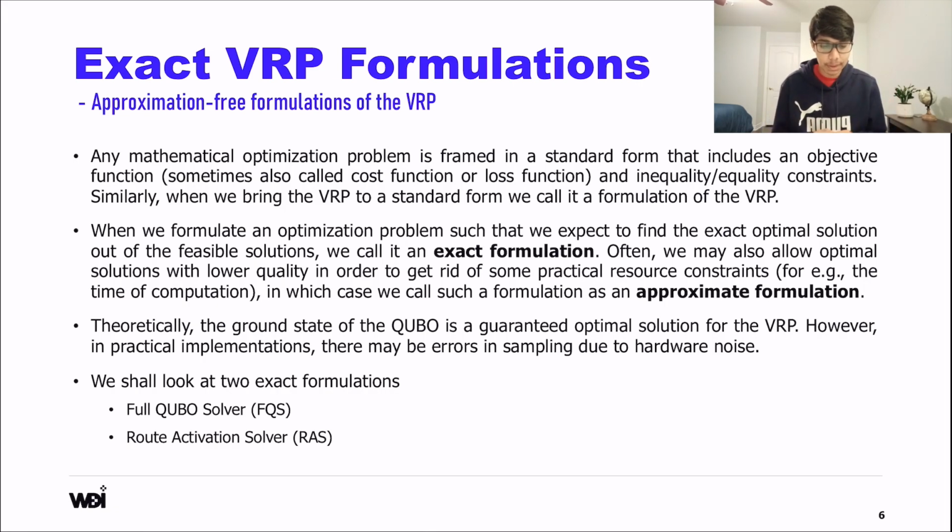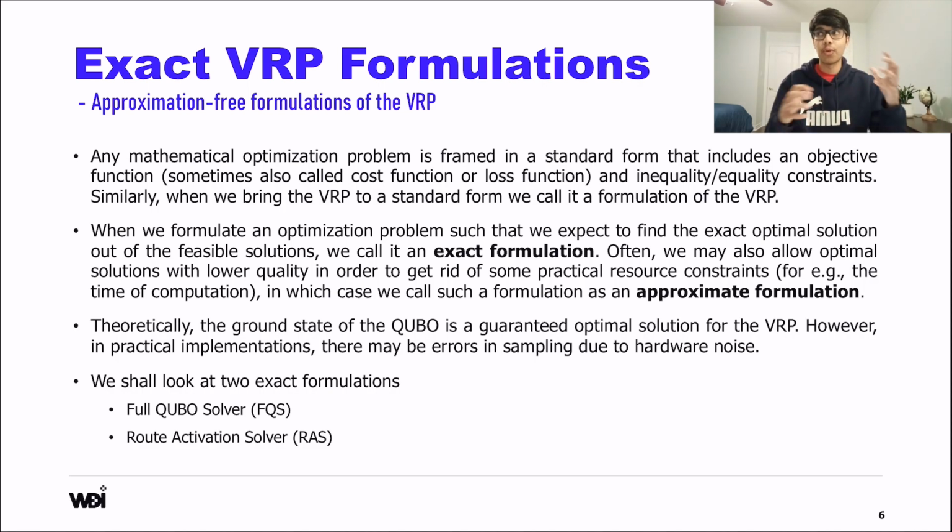So exact VRP formulations, basically we're representing our problem with a QUBO that's an objective function whose minimum is the one we want to find. And we also add these constraints on our variables to ensure we maintain the reality of the problem. If our optimization problem is formulated in such a way that the solution to our QUBO is the optimal solution, then that's called an exact formulation.